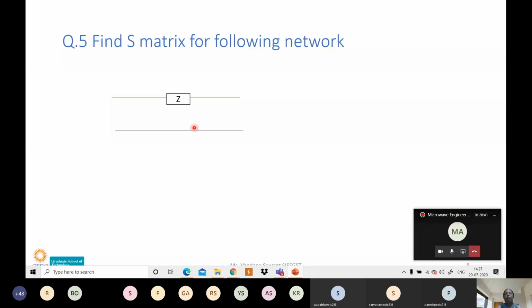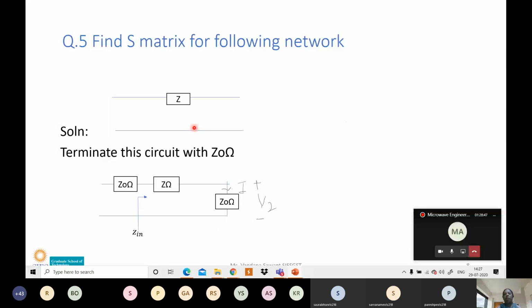So the first step is to terminate this circuit with Z0 ohm and draw the terminated circuit once again. For terminating, we connect Z0 at the output end as well as Z0 at the input end.